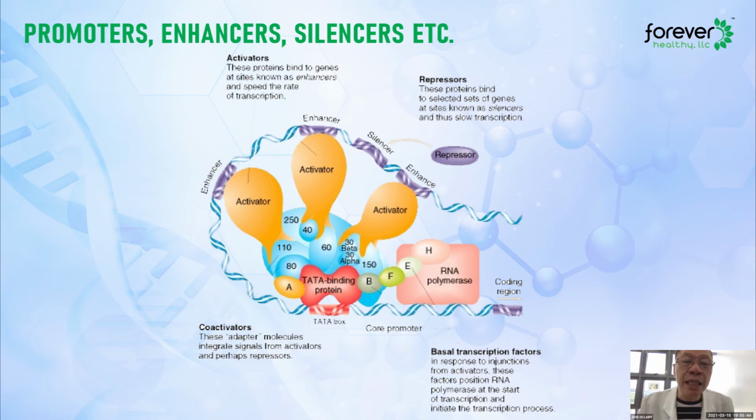Then you probably ask, Doctor, what if I did not take Imurgine? You can still get it from the food you eat. That's why we have to eat every day. And because the food we eat every day is not complete, we really have to supplement Imurgine as our provider of enhancers and provider of some repressors or silencers of the gene that operates the genetic operation inside the cell.